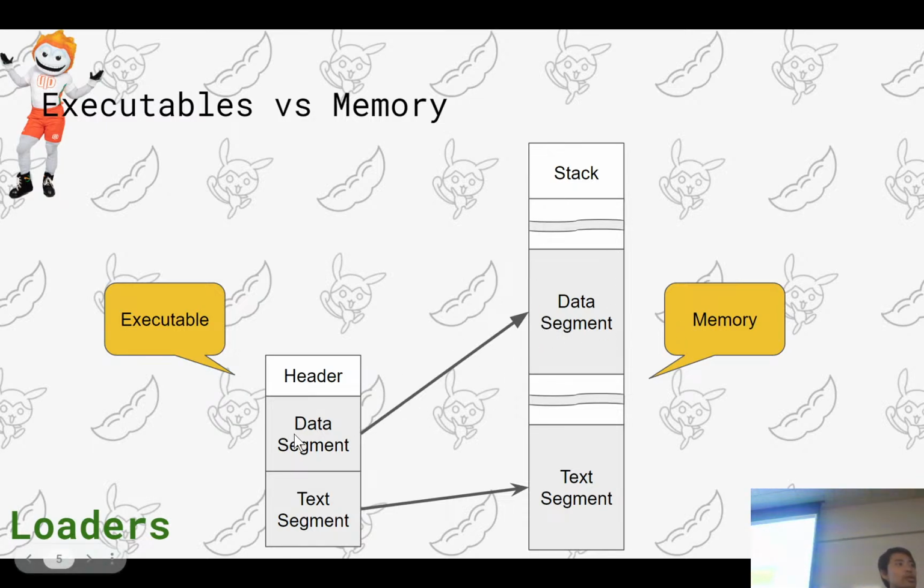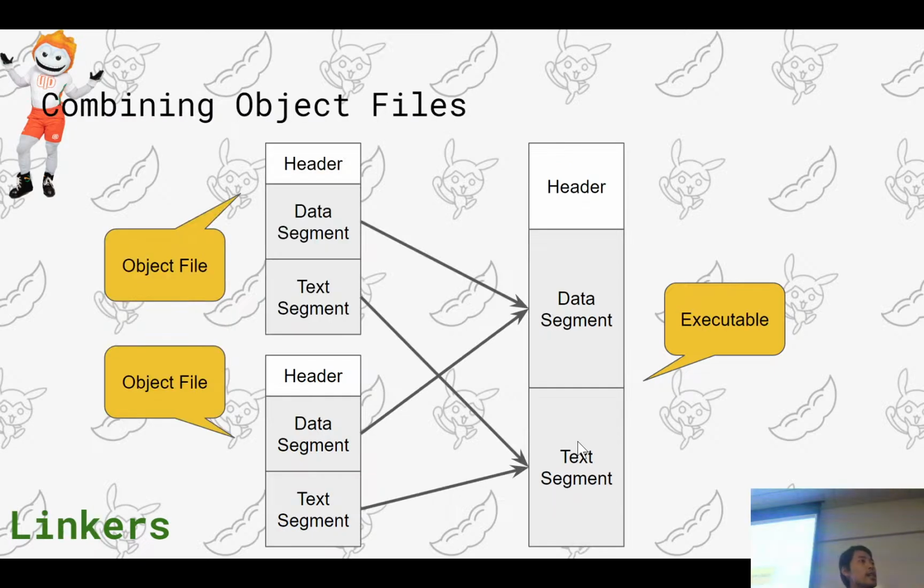They put those data segments and text segment into real memory addresses. What linkers are doing, as I talk about in this slide, is mapping each segment from each object file into single executable segments.